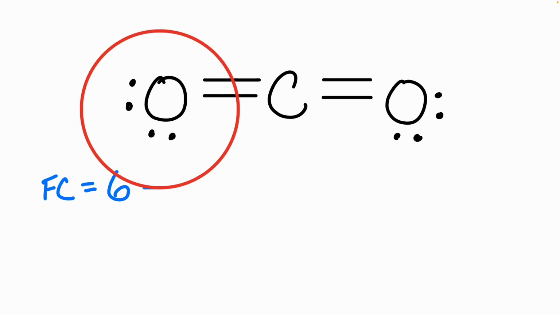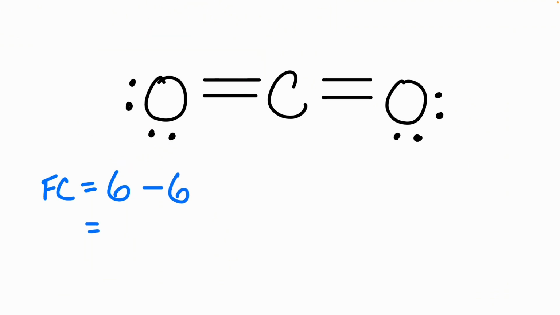These 1, 2, 3, 4, 5, 6 electrons. So in this structure here, my oxygens have a formal charge of 0.